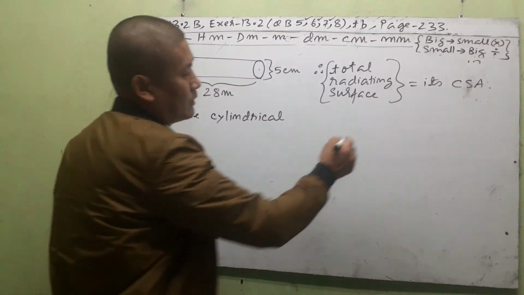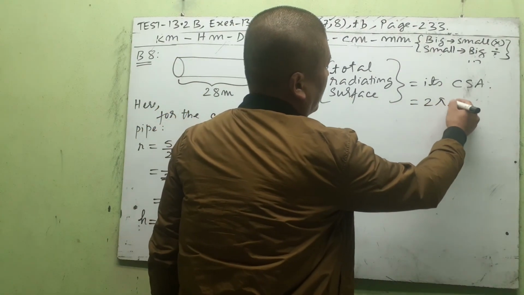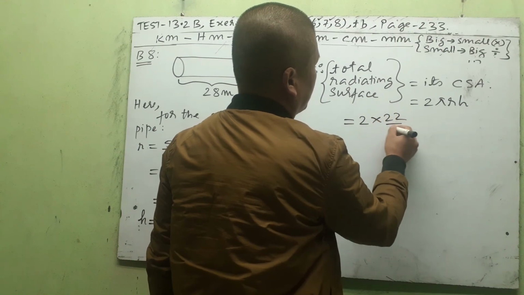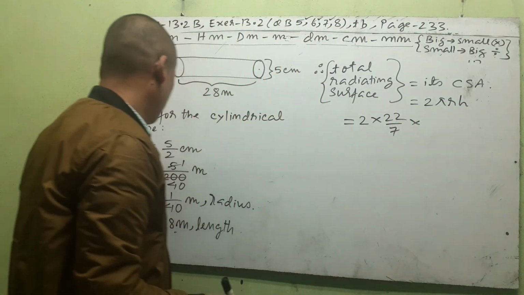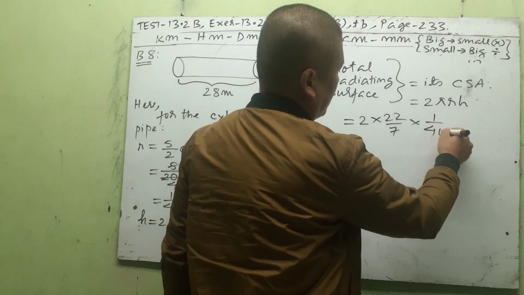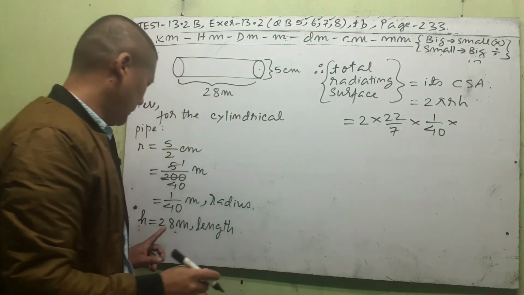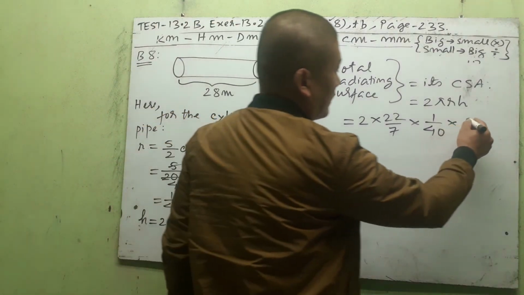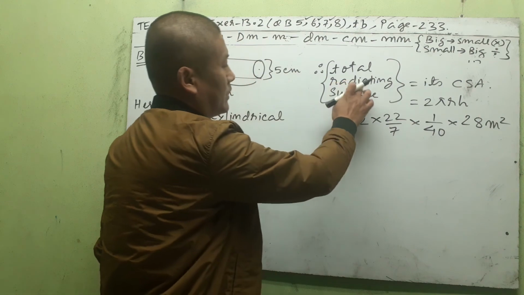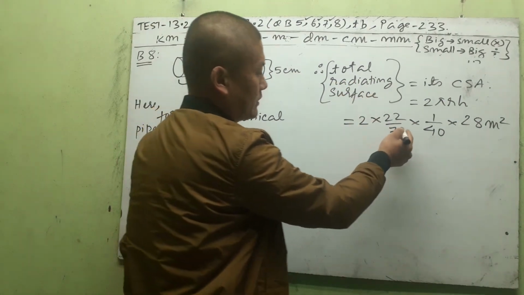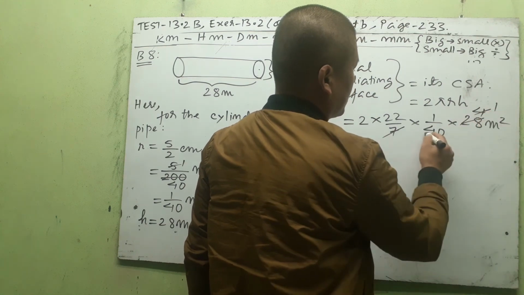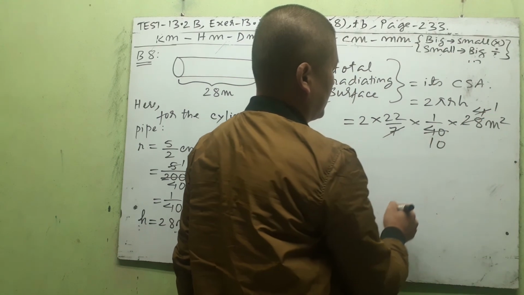So there is 2 pi r h. 2 into 22 by 7 into r, so you can see 1 by 40 we can put, into h here, the length of the pipe, 28 meter, and area means meter square. Surface means surface area. Okay, 7 4s are 28. 4 1s are 4. 4 10s are 40.